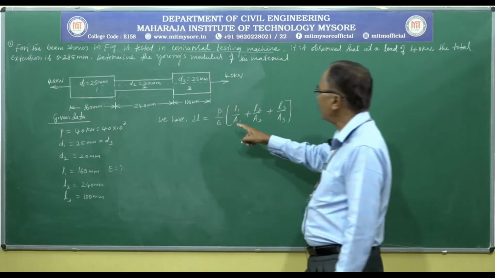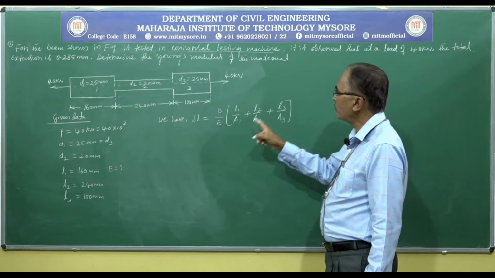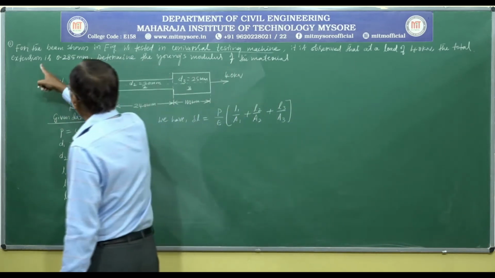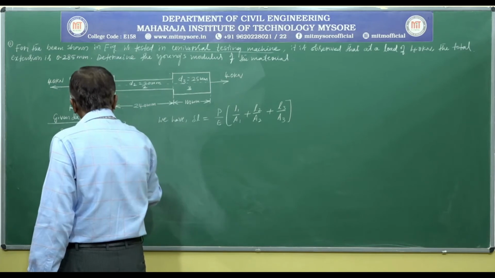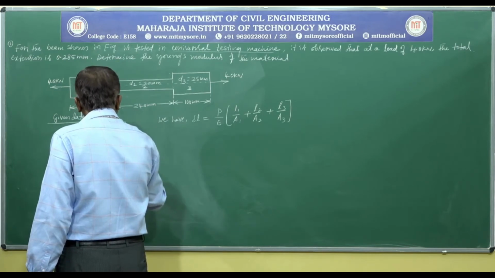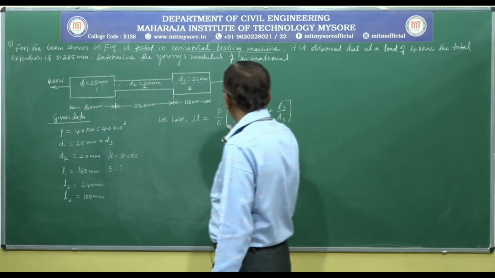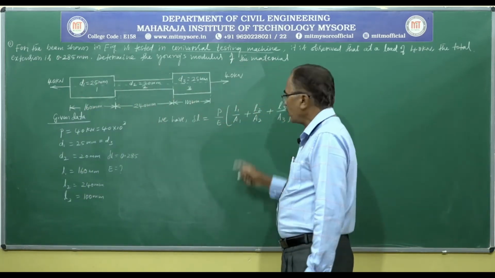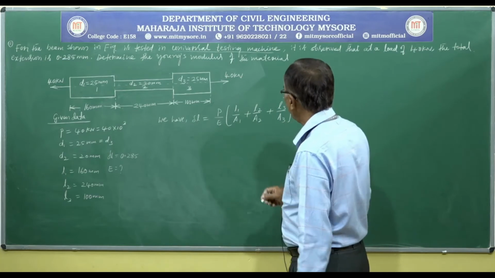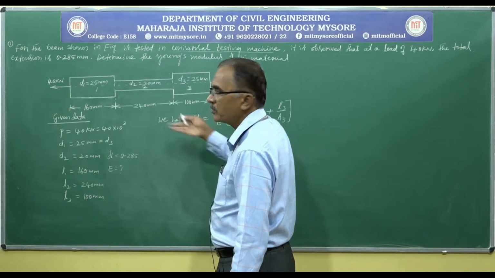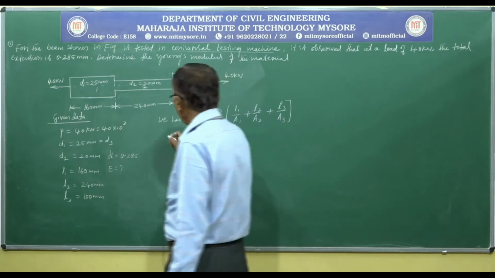Here we know P, L1, L2, L3, and also given that the total extension observed, delta L, is equal to 0.285. Delta L is known, only unknown is E. Now let us calculate cross sectional areas A1, A2 and A3, then substitute the values in this main equation, you will get Young's modulus.